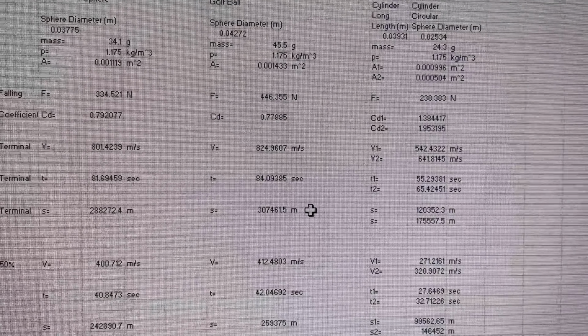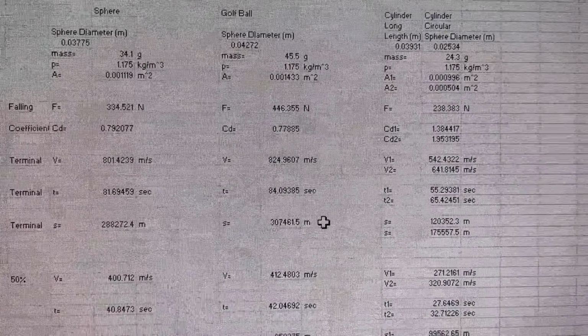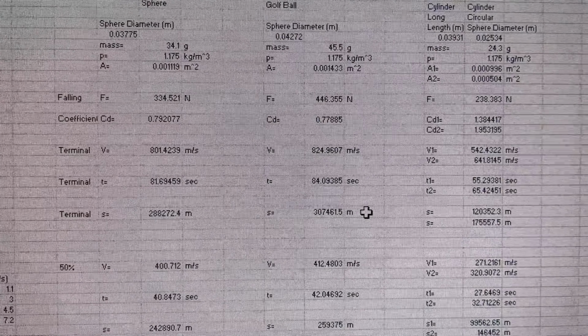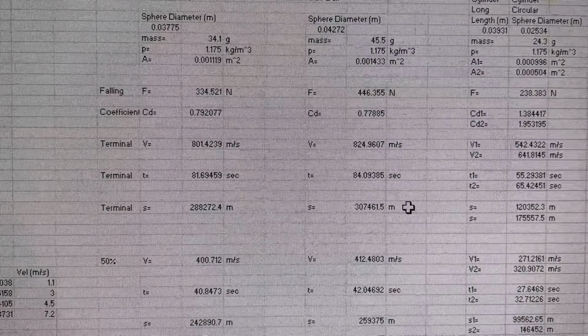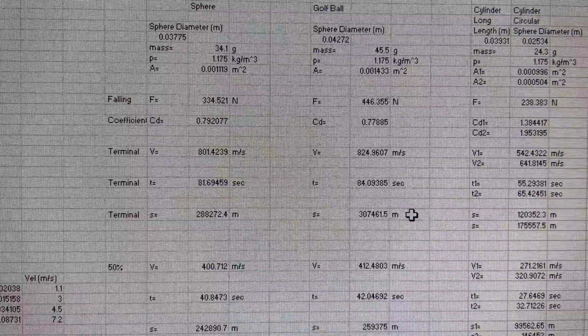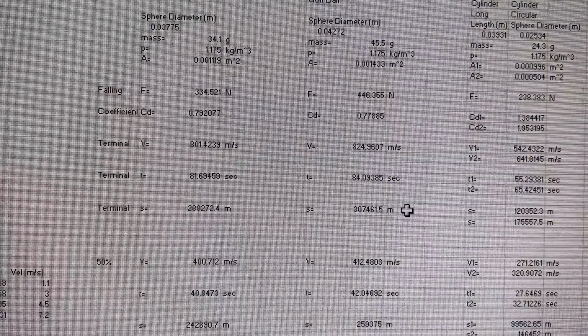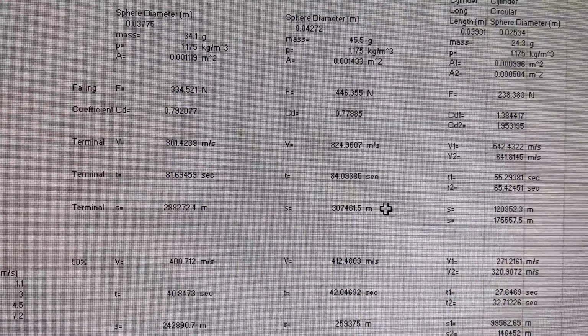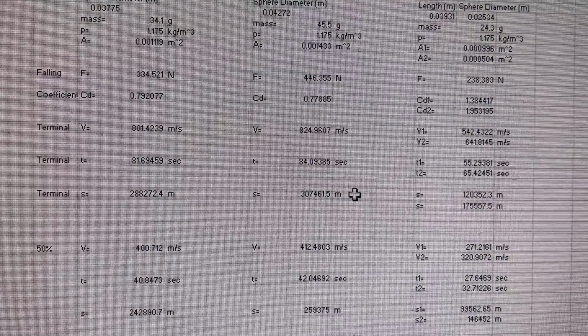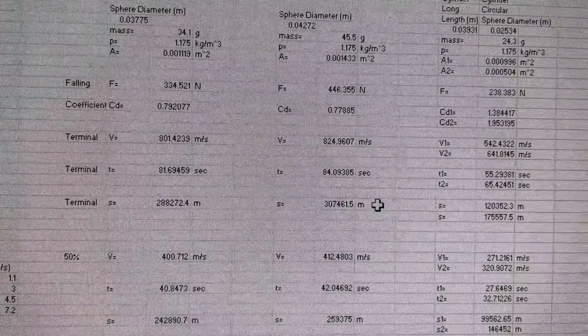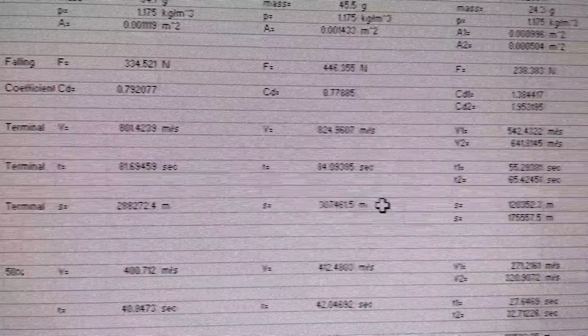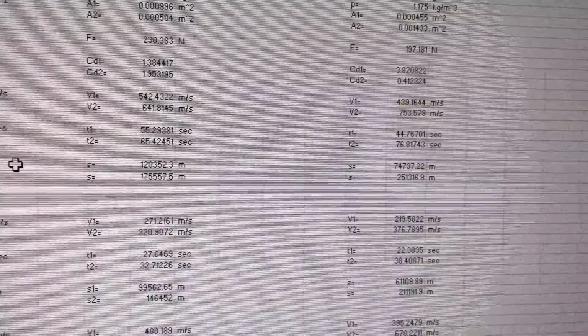That doesn't quite seem right. It does seem right for time and maybe speed. That's pretty fast. But that's what the values came out as.